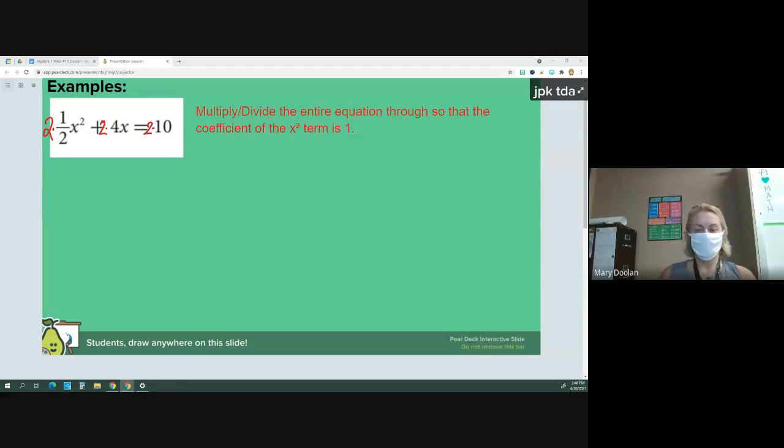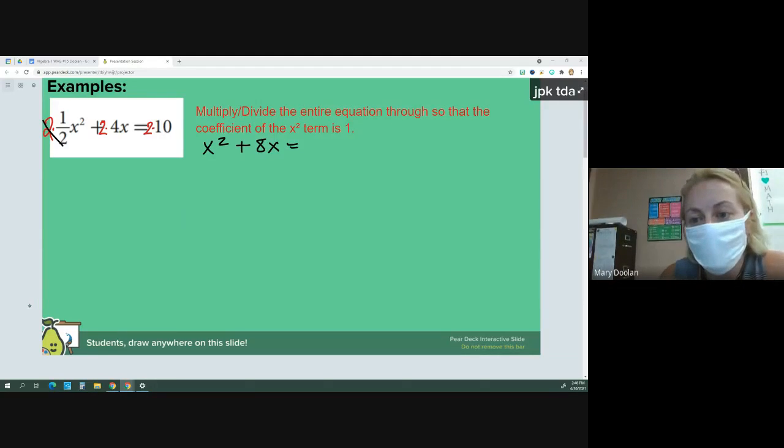Because I'm doing the same thing to each term, it doesn't change the value of anything, but now this gives me an equation that's like the other ones we were working with. We now have x squared, because these 2's cancel, plus 2 times 4 is 8x, and 2 times 10 is 20.